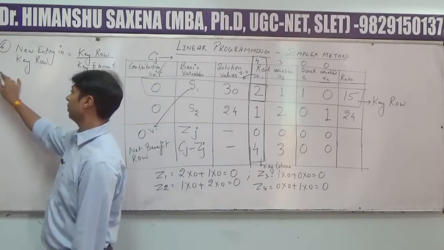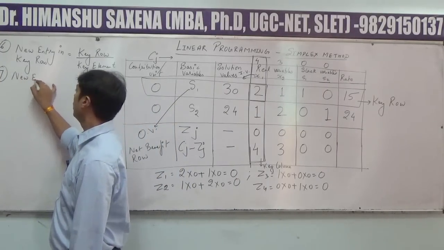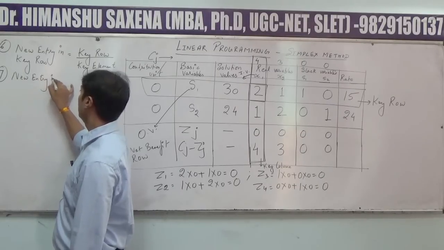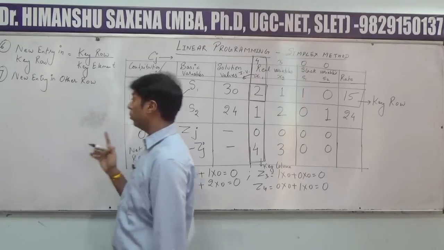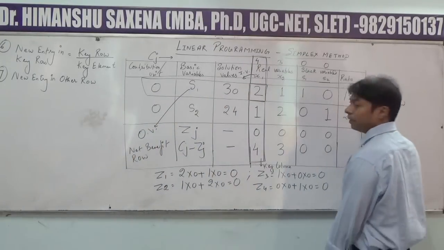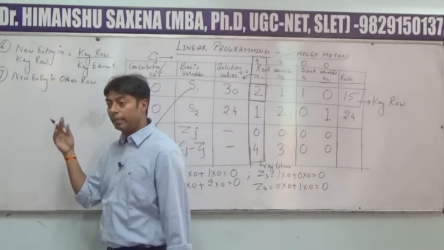Then one more. Please take down this formula also. New entry in other row. Since there are two rows, the first one is the key row and the second one is the row other than the key row.